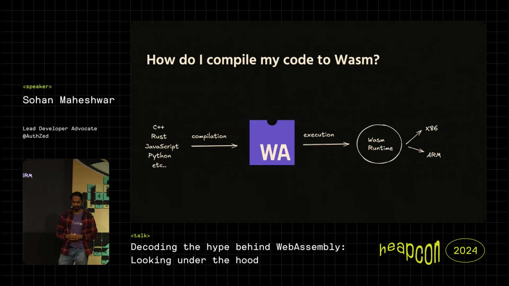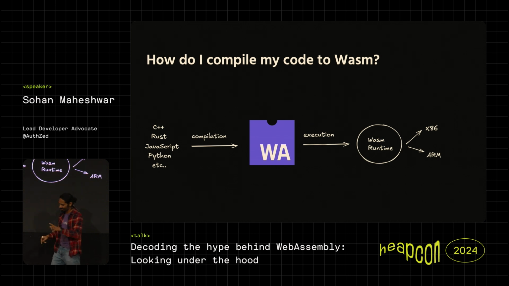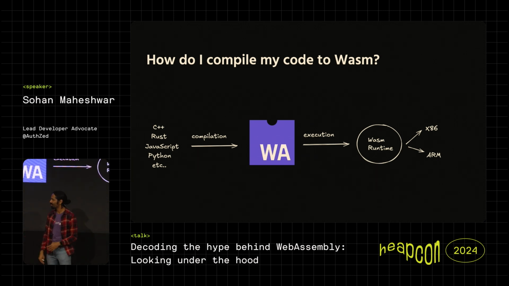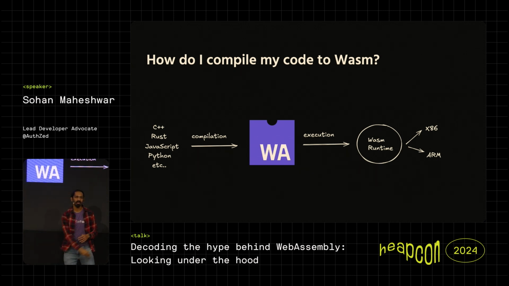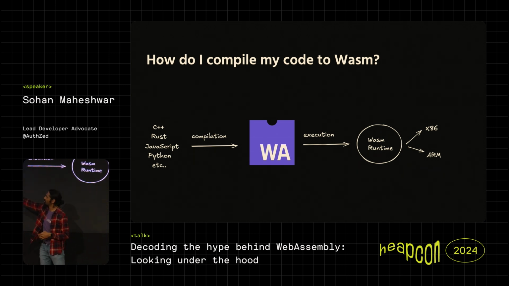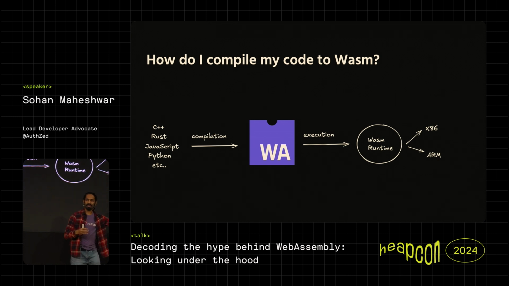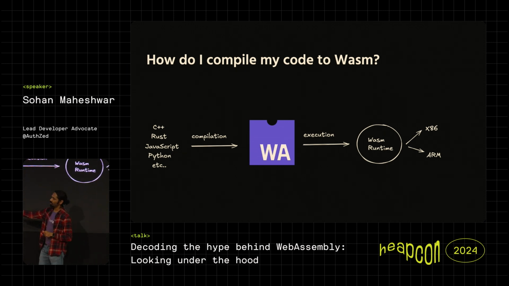The question I get asked the most is, all that's fine, I don't want to know how it works under the hood. I want to know how, when I write Rust code, it's converted into a WebAssembly module. What does this look like? Without going too much into the depth, because I think that's an entire talk altogether, there are potentially two ways this could work.